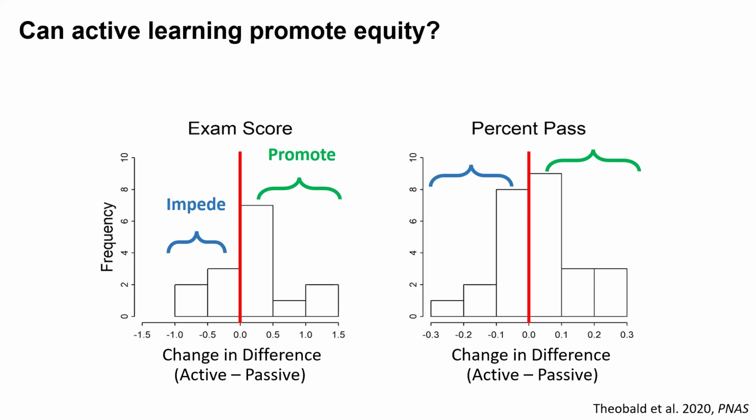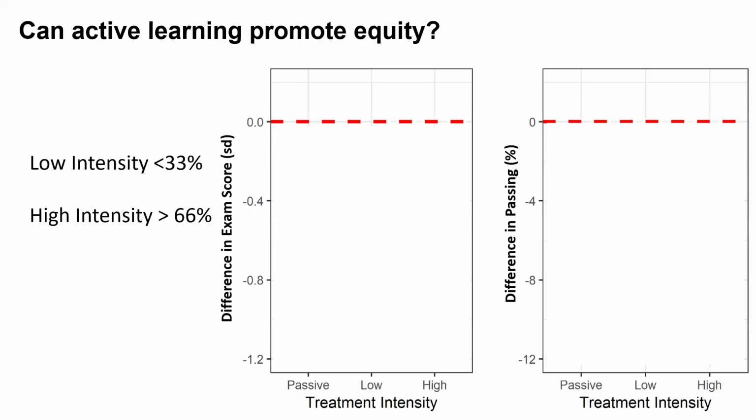So we collected some data to understand this, and this is the heart of the next project that I'm working on. Active learning intensity, it turned out, was a big predictor of the inequities in a class. We didn't have any studies that were categorized as medium intensity classes, so I'm only showing you low intensity and high intensity active learning classes. Exam scores on the left, passing on the right.